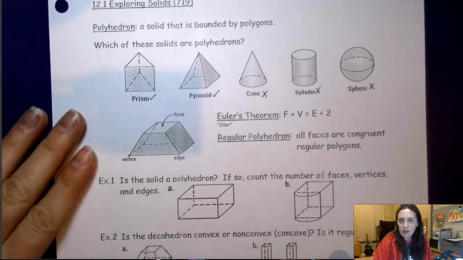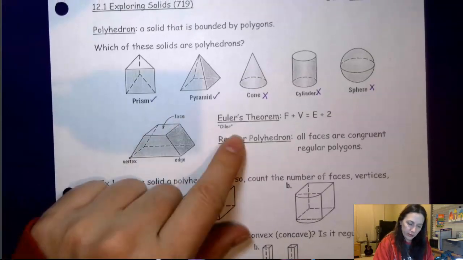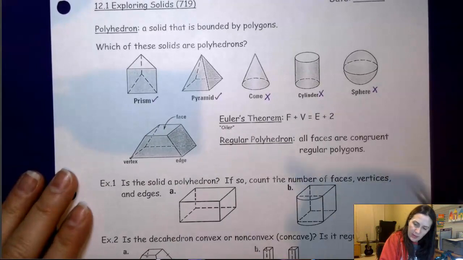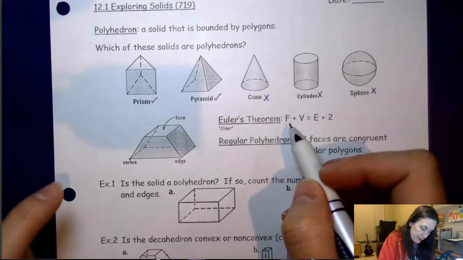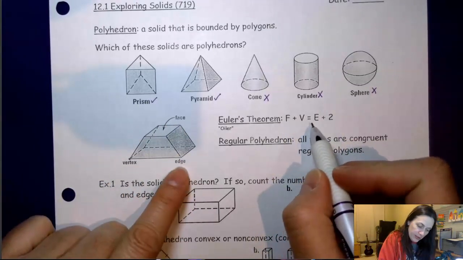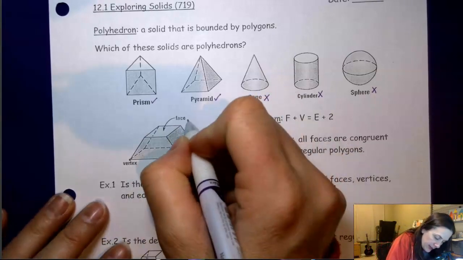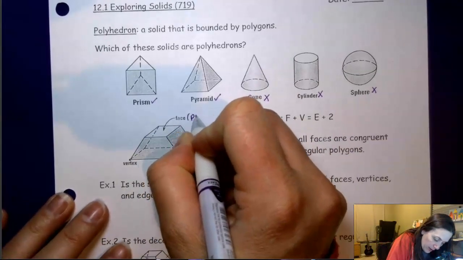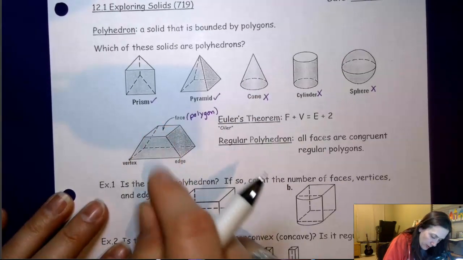We have this theorem for any of our polyhedrons that have polygons for all their faces. It is called Euler's theorem. Euler's theorem is our faces plus the vertices equal the edges plus 2. So remember, the face in and of itself is the polygon itself, like the top square right there.